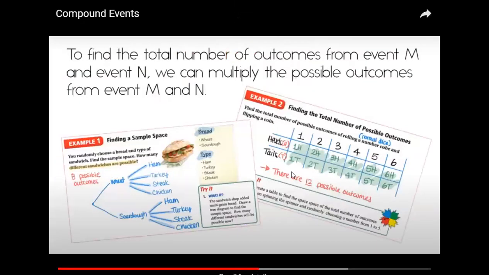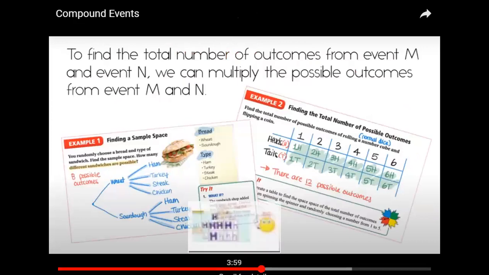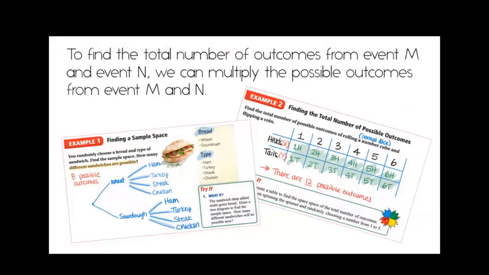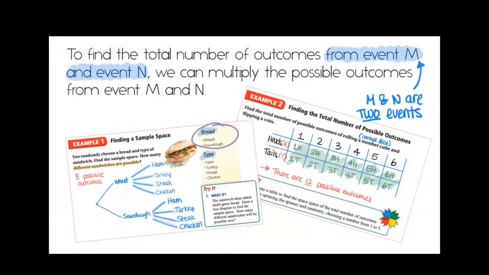Perhaps you've noticed from the last couple of examples, there's a quick way to determine the total number of possible outcomes. To find the total number of outcomes from event m and event n, which just means two different events, we can multiply the possible outcomes from event m and event n. For example, with the type of sandwiches and bread, we had 2 possible bread outcomes and 4 possible sandwich types.